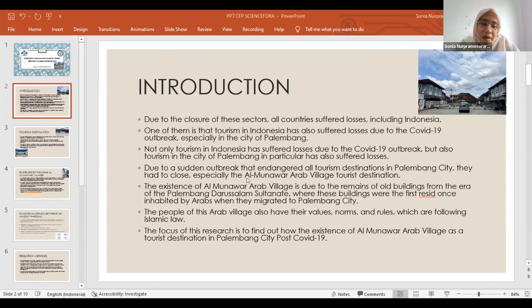The people of this Arab village also have their values, norms, and rules, which follow Islamic law. The focus of this research is to find out how the existence of Al Munawar Arab Village as a tourist destination in Palembang City is post-COVID-19.